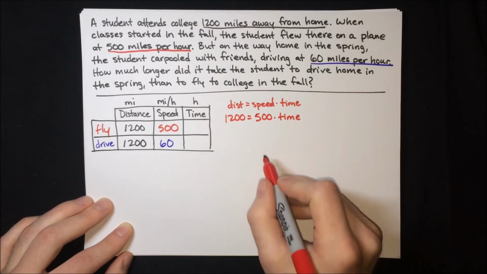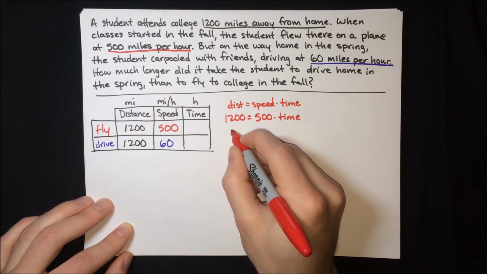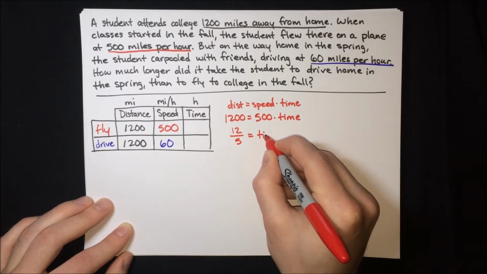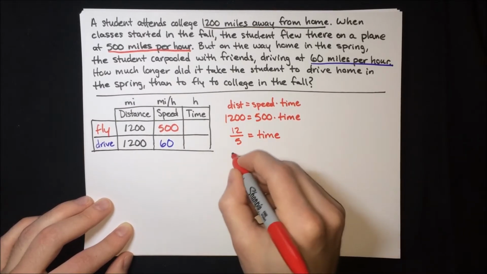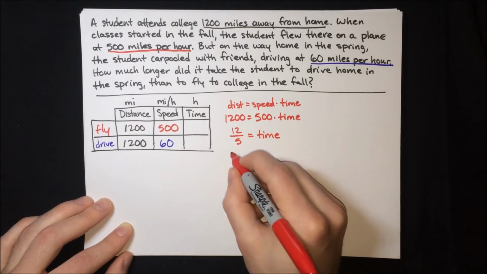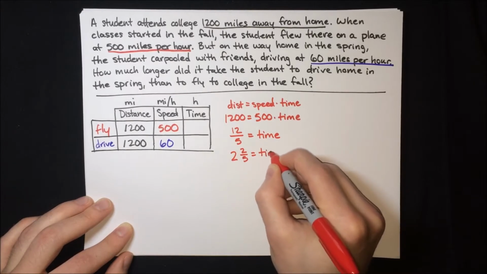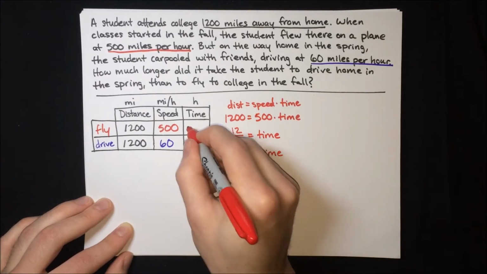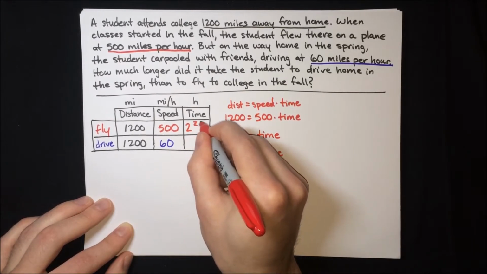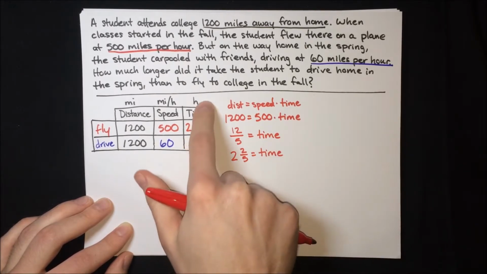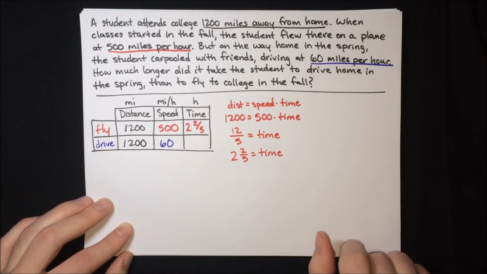If we divide both sides by 500, we get 12 over 5 equals time. We can simplify that to a mixed number, 2 and 2/5 equals time. We'll plug that in the table. So it takes 2 and 2/5 of an hour to fly to college in the fall.